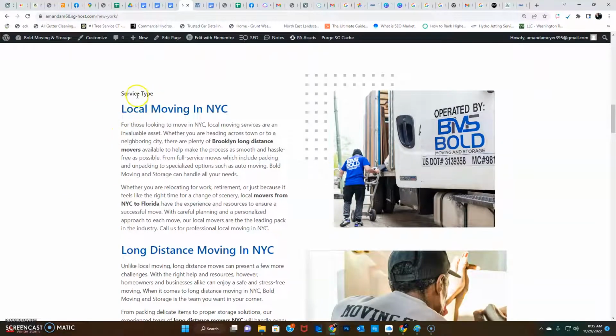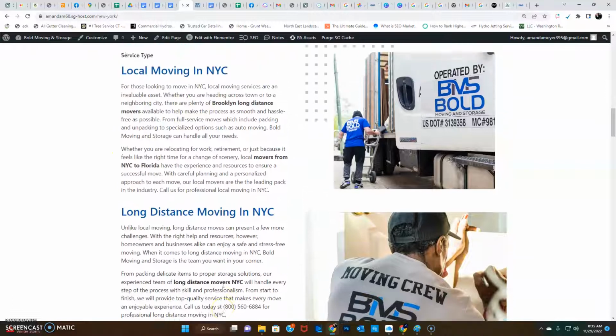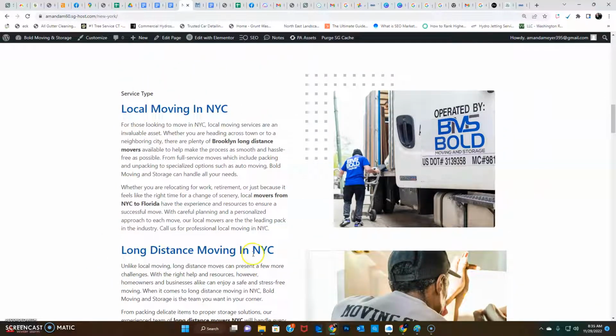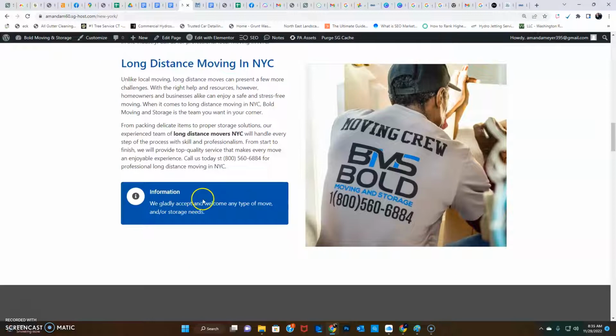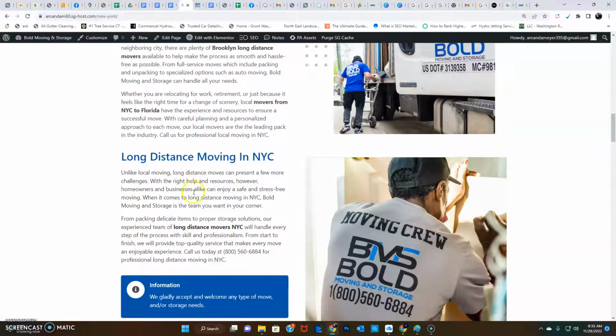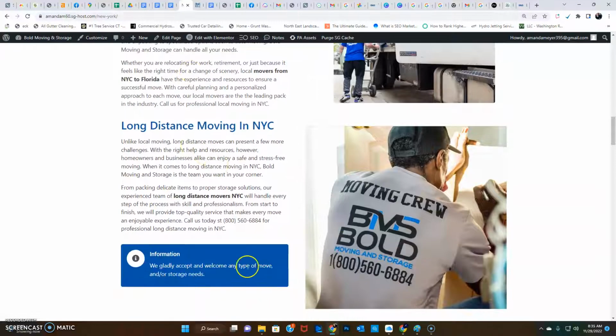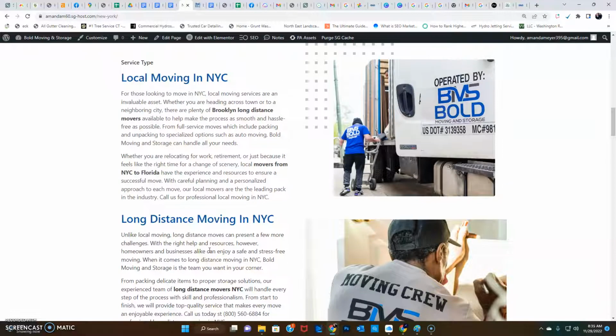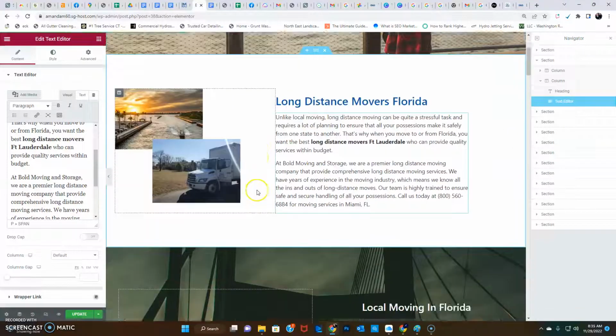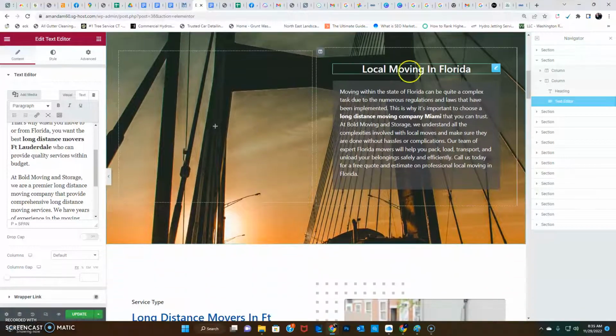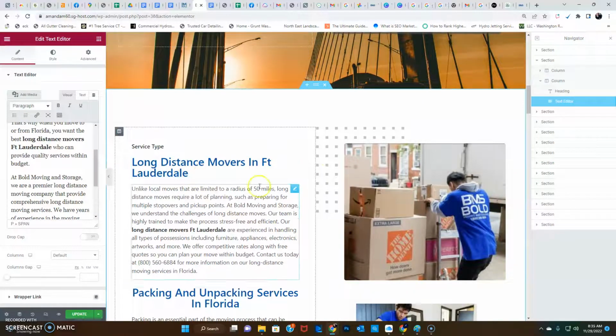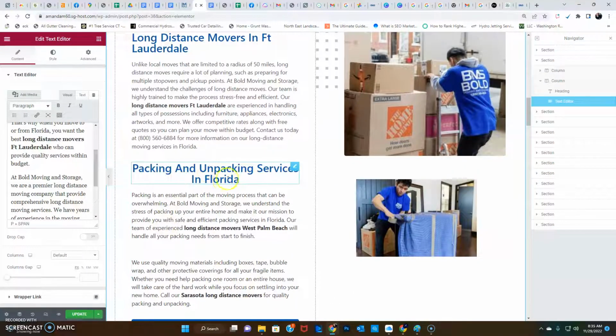But see, it was kind of a theme here, how I did local and long distance, indicating the type, and then I made a notation down here that no matter whether it's long distance or local, they do both, right? So in this one, we would want to keep that together. So the local and the long distance go together versus having this packing and unpacking.